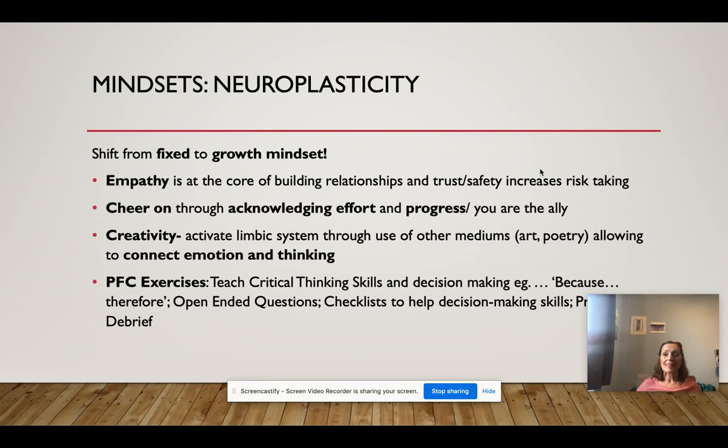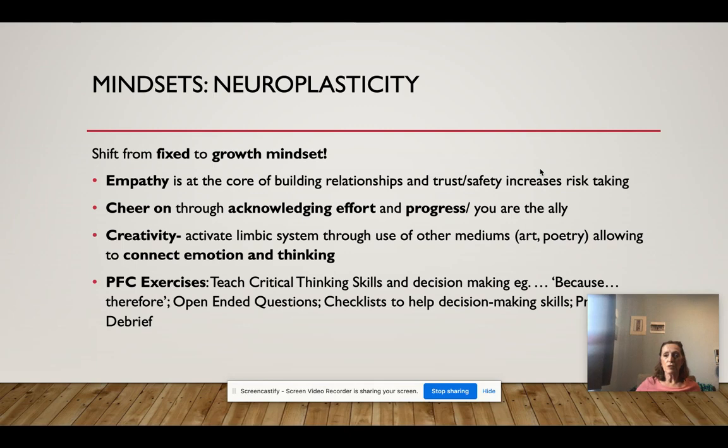So asking them to explain their thinking, what made you do it this way? Asking them to look at what they're working on and give more details. Tell me what this is for. Having checklists to help kids with decision making is helpful sometimes.